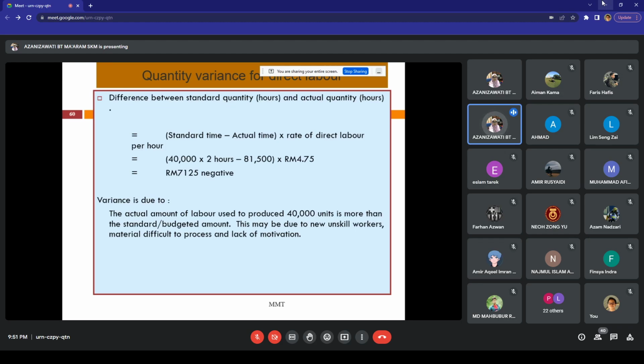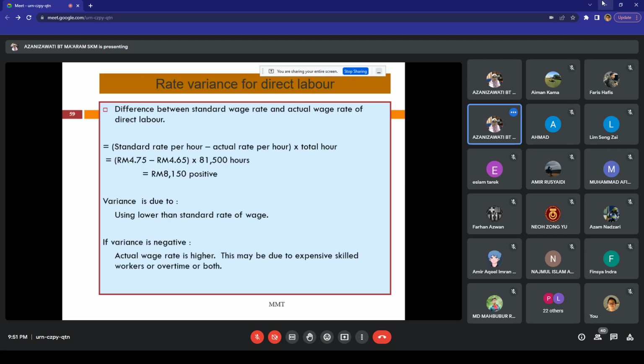Right. So any question? Because the rest I think is just standard. You know the standard rate per hour and actual rate. So afterwards, whether it's positive or negative, then here it is negative, because the actual wage rate is higher. This may be due to expensive skilled workers or overtime or both.